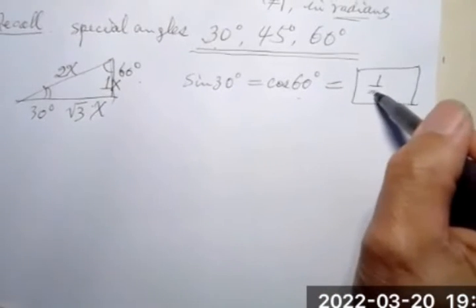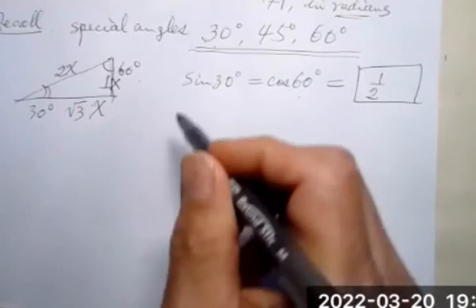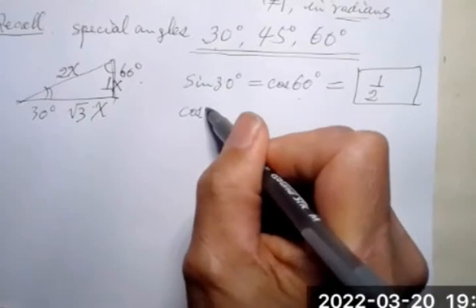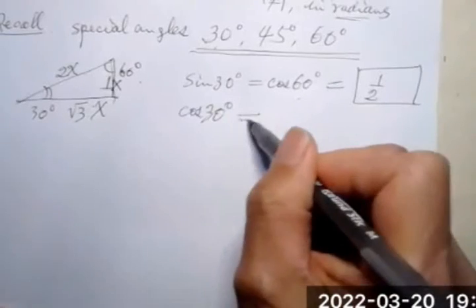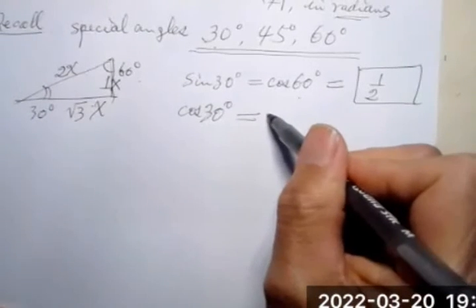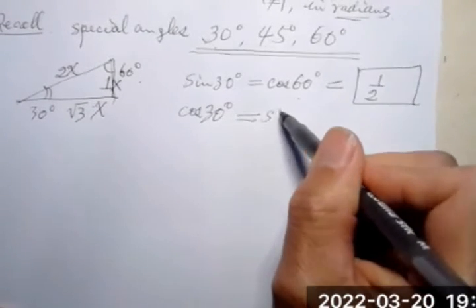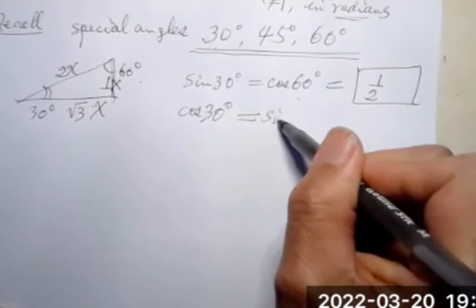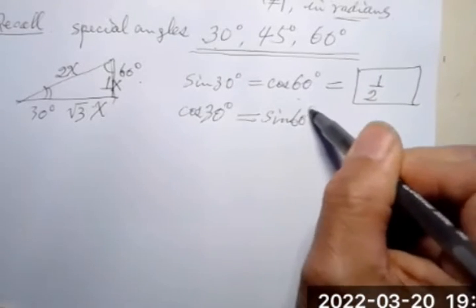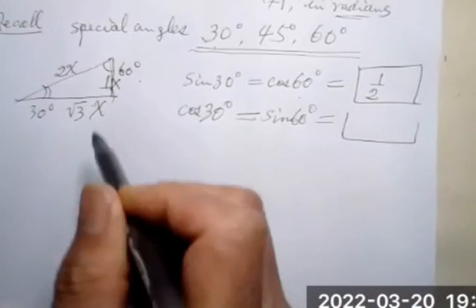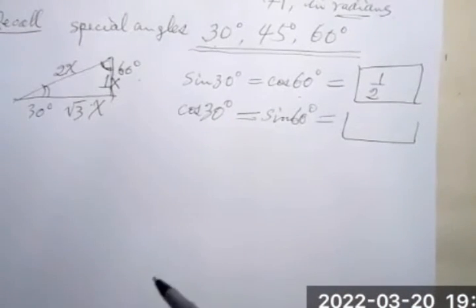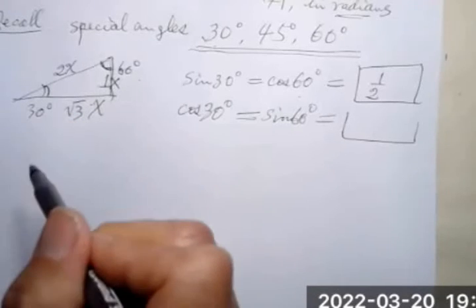So this is half, the ratio 1 to square root of 3. Then cosine 30 degrees using the diagram, I give you the numbers here. Cosine 30 degrees equals sine 60 degrees, and equals what value? Cosine 30 degrees is here at the center leg.